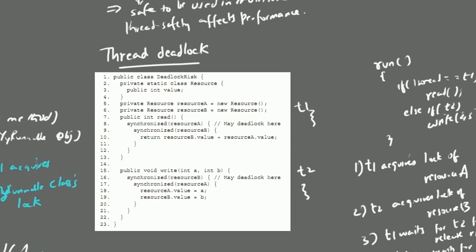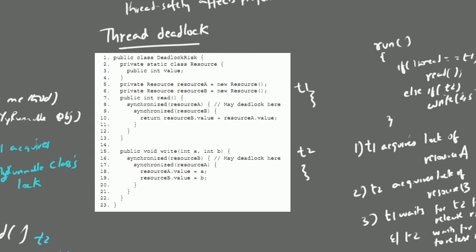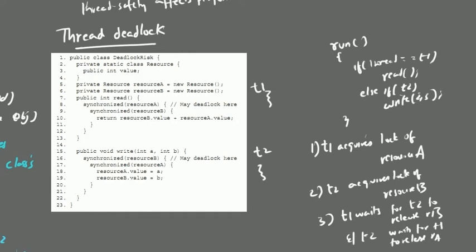Now let's take a look at deadlocks and threading. Well, this is the sample code. Now say this is the sample code, you have a run method, and if the thread is T1 you read, if the thread is T2 you write. Now T1 acquires the lock of resource A because T1 is trying to read, right?